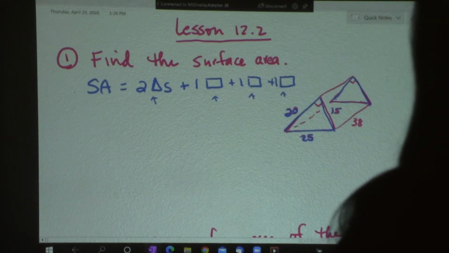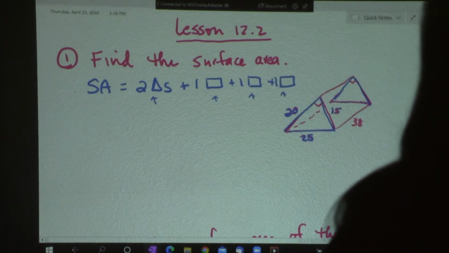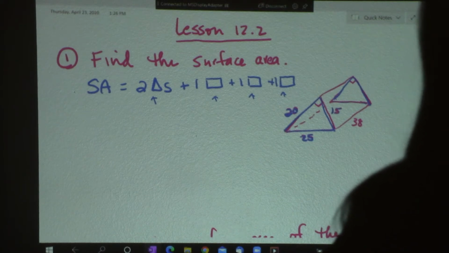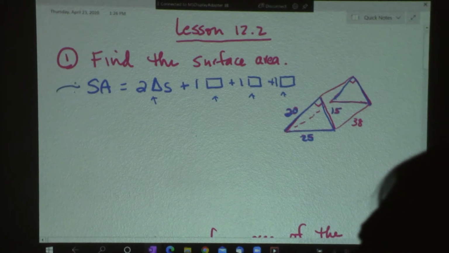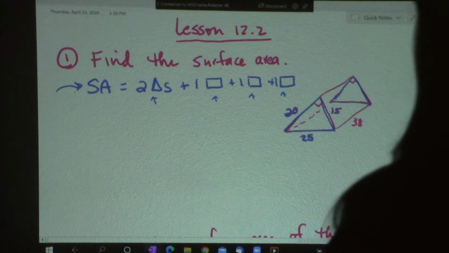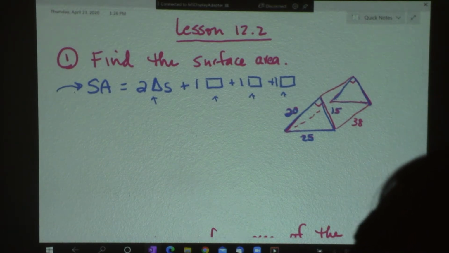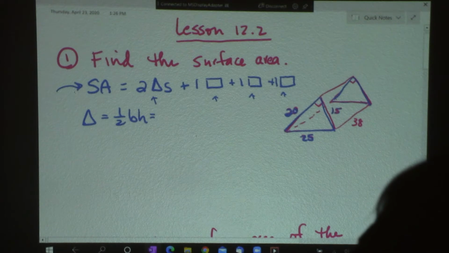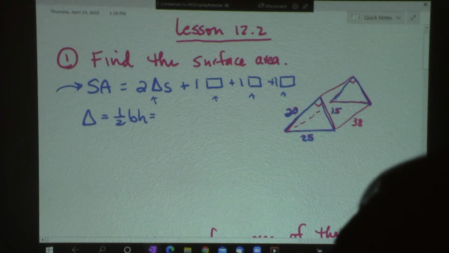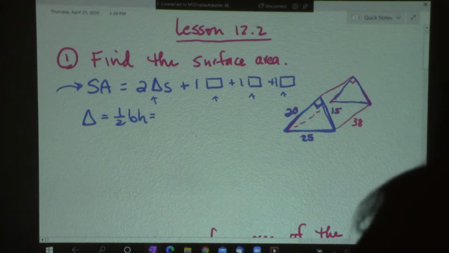So while I'm doing this, I can kind of in my mind check off every part, and I can look back up here when I'm done and make sure I have them all, because there's a lot of little pieces. Okay, so for the first one, the triangle is 1/2 base times height. I have this is the triangle, and my right angle tells me where the height and the base are.